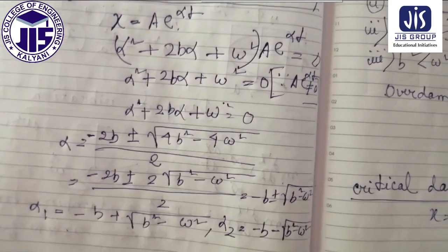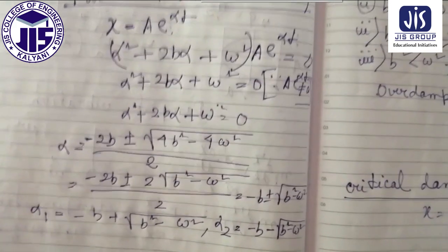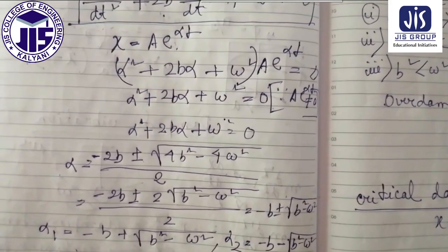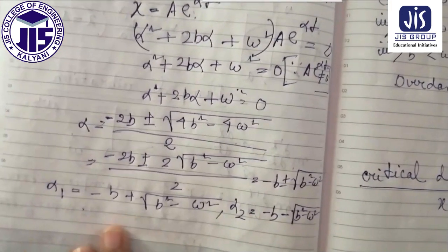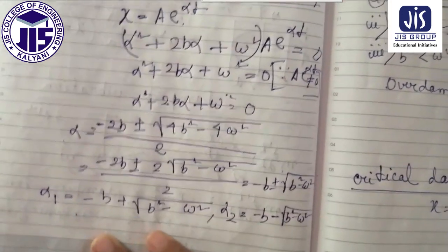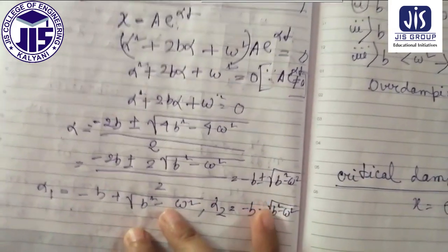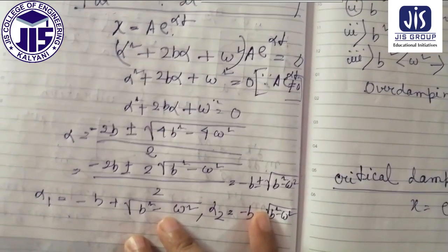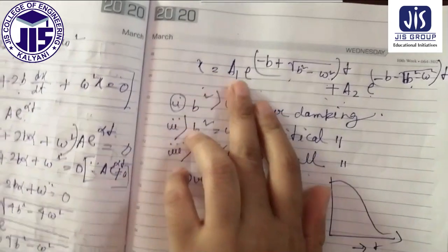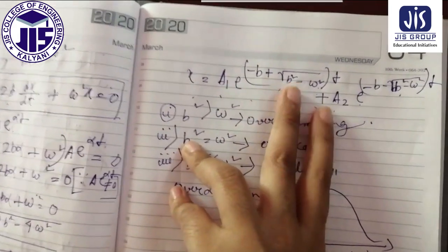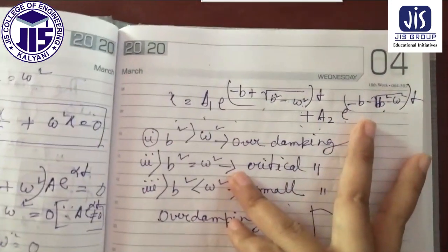We applied the same method as in simple harmonic motion, and from there we got two expressions, alpha 1 and alpha 2, which are two different values, one with plus and one with minus. The final equation is x equal to a1 e to the power minus b plus root over of b square minus omega square t plus a2 into e to the power of the other value.